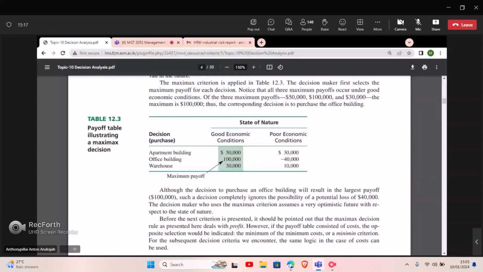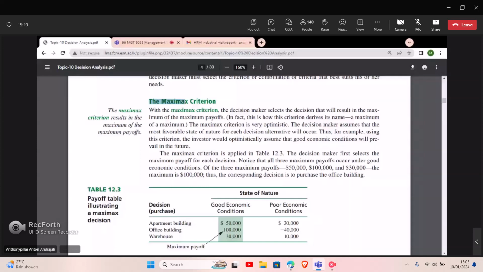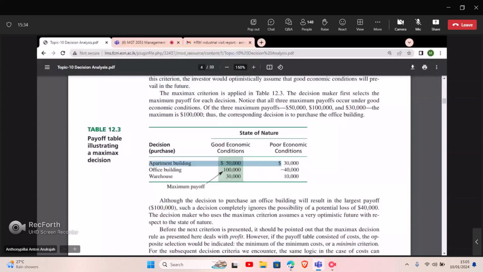So the maximax criterion results in the maximum of the maximum payout. First decision scenario, the maximum is for the apartment building, 50,000. The second option, 100,000. Third option, 10,000 and 30,000, so 30,000 is the highest.